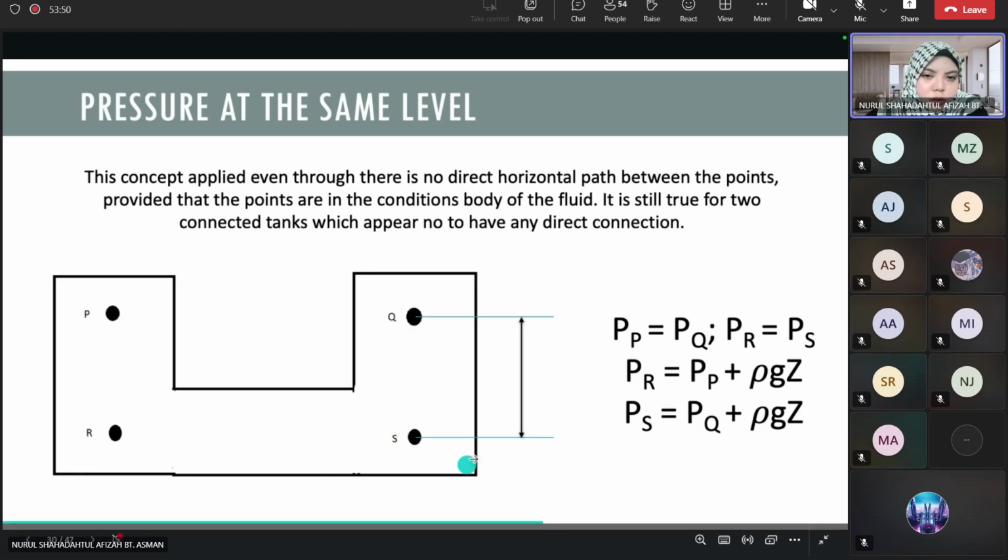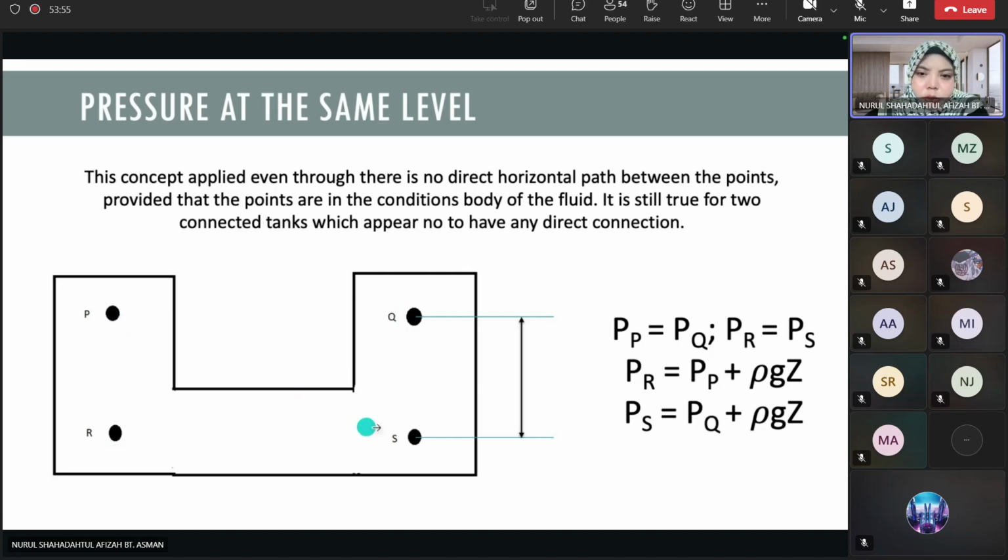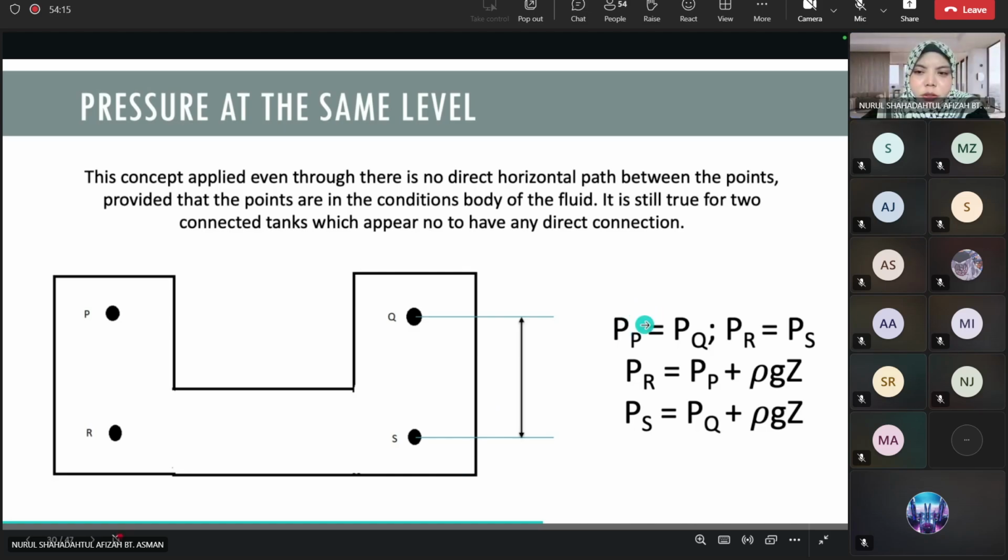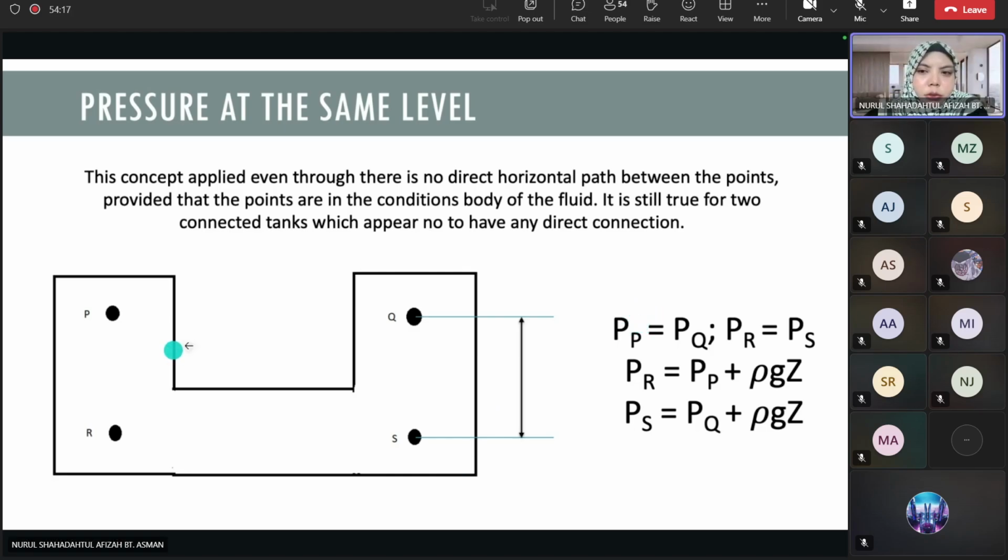So this is also the same: P equals Q, R equals S. Even though the shape is like this, the pressure is still the same at points having the same height or depth. Pressure at P equals pressure at Q, pressure at R equals pressure at S.